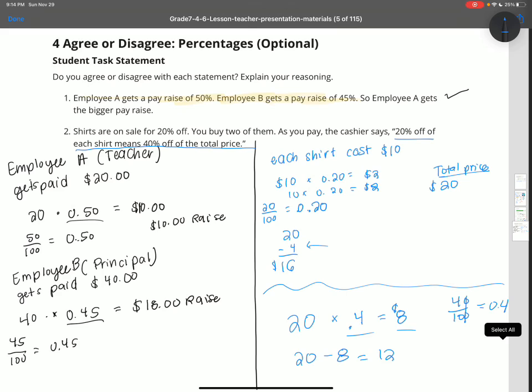Like I said, percents represent a portion. 20% of $10 is not the same as 40% of $20. So 20% off of $10 each for 2 shirts is not the same as 40% off of $20.